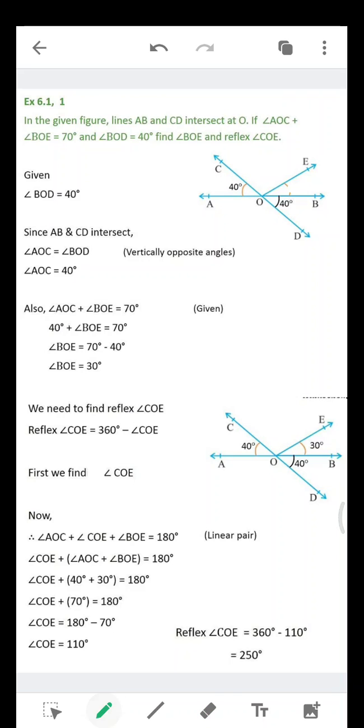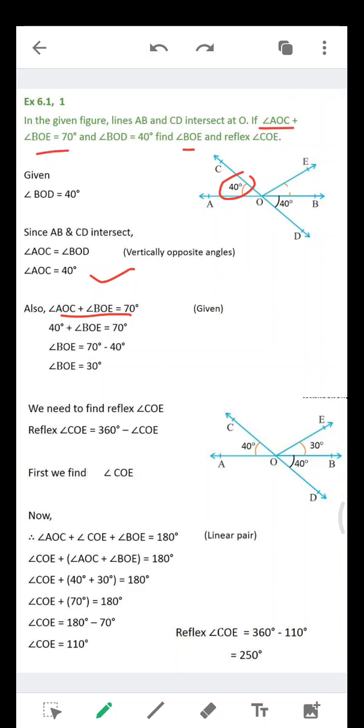So we have got the AOC value. Then we have to find BOE. For finding BOE, I'll take the condition which is given to us, AOC plus BOE equals 70 degrees. We have got the value of AOC, that is 40 degrees. I have written 40 here.